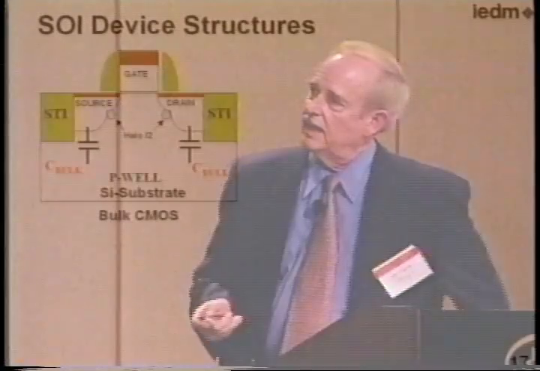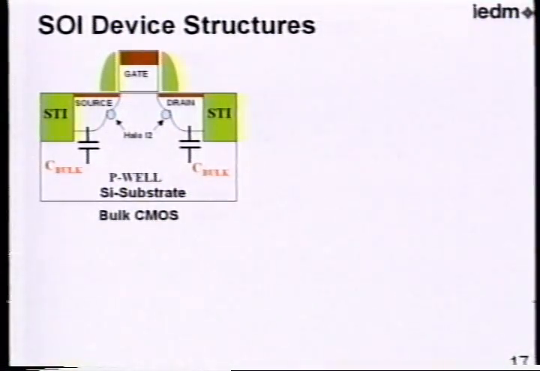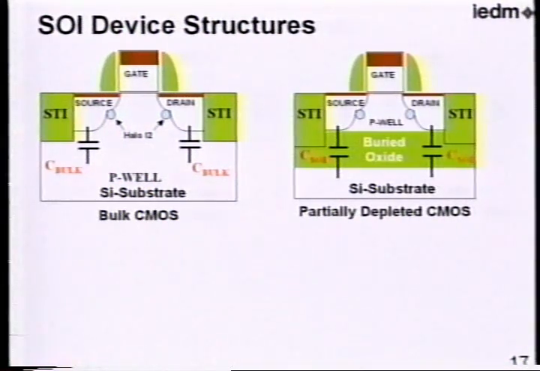And again, the conventional bulk CMOS device is shown right here, with STI and the halo implants, and of course the junctions are capacitively connected to the bulk. If we cut this off, you can see we can build a box of oxide around the device, basically by putting in a buried oxide, or a box, down here. And now you have the source and drain capacitively coupled through this higher capacitance to the silicon substrate.